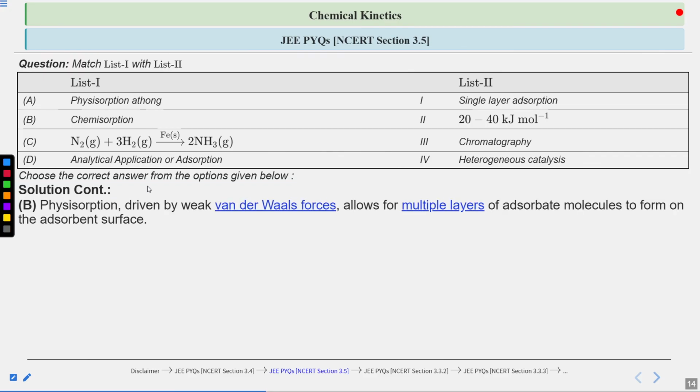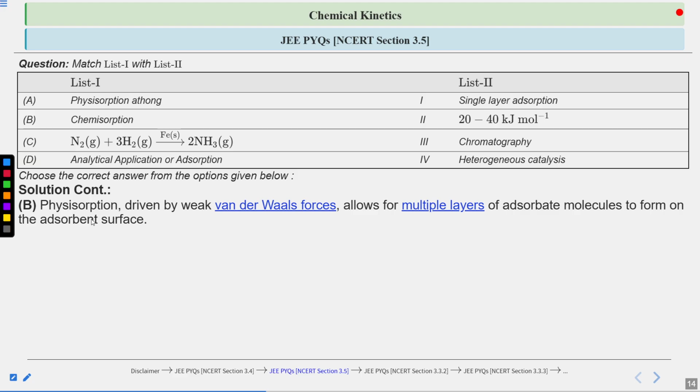If we talk about the second thing, that is chemisorption. Physisorption is driven by weak van der Waals forces, which allow multiple layers of adsorbate molecules to form on the adsorbent surface. So chemisorption and physisorption are two concepts.